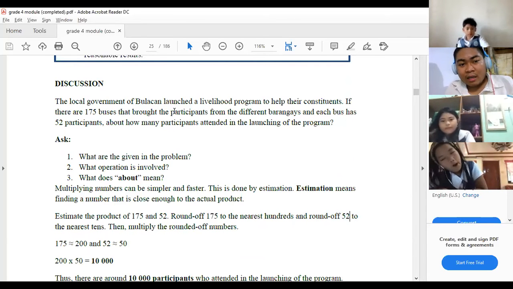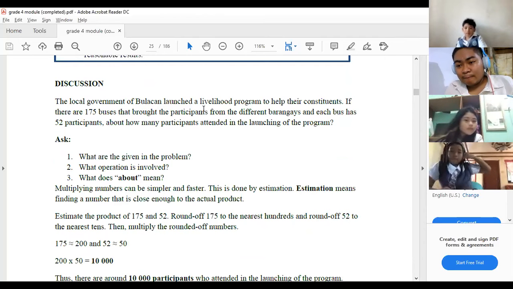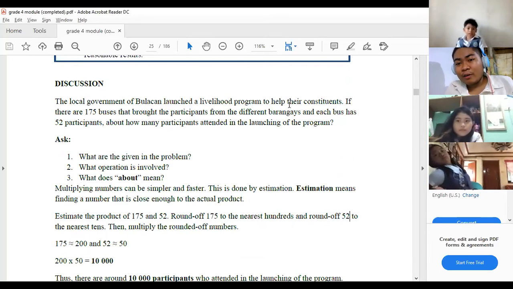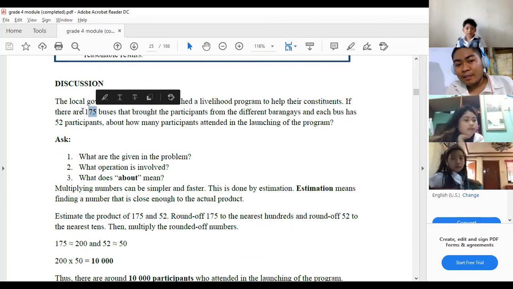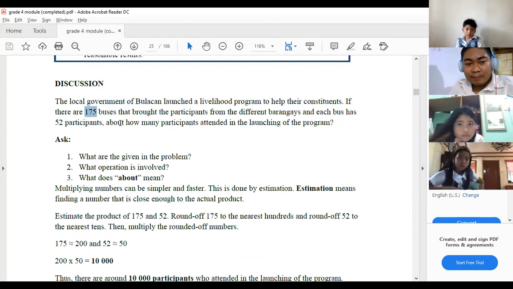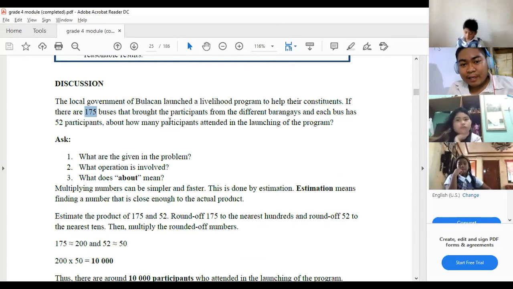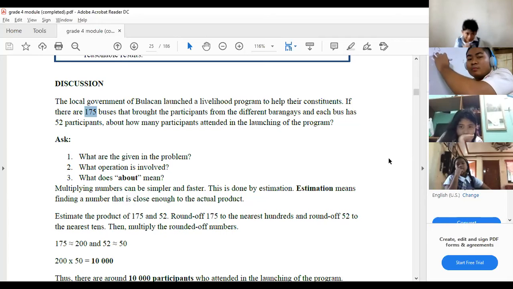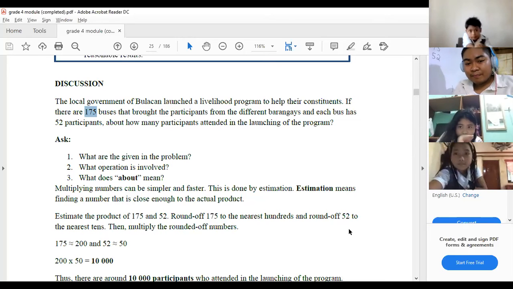So a local government in Bulacan launched a livelihood program to help their constituents. If there were 175 buses that brought the participants from the different barangays, and each bus has 52 participants, how many participants attended in the launching of the program?